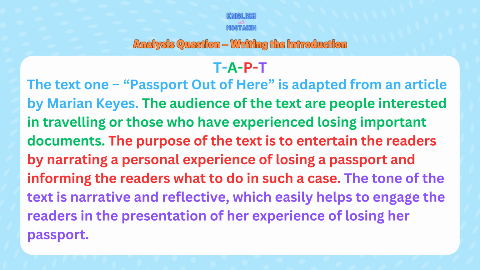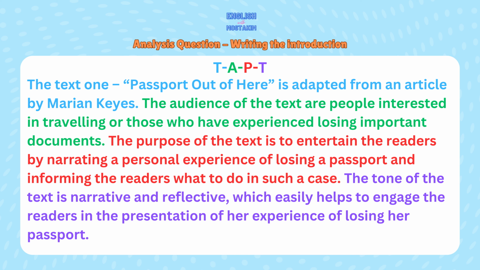So she first explains what the experience of losing her passport was, and then she goes on to explain what she did after she could not finally find the passport. So someone who is traveling and someone who has experienced losing important documents might be interested in reading this piece of writing.